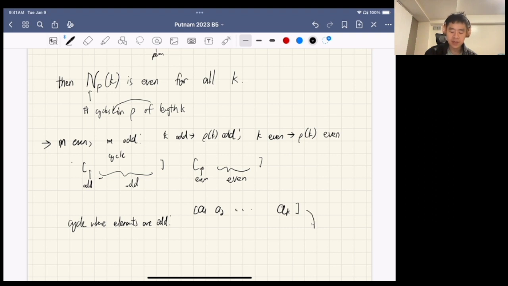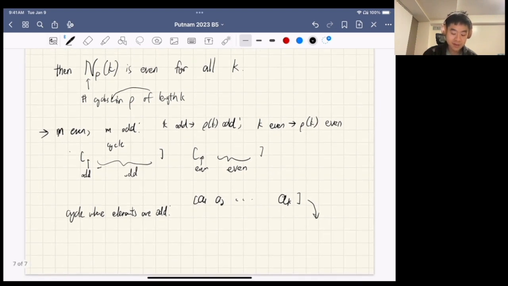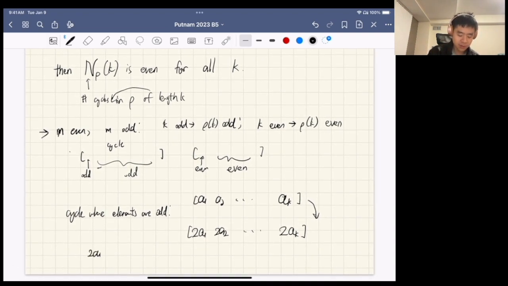Now how are we going to map them? Well, it is pretty natural to think that the other cycle is going to be 2 times A1, 2 times A2, all the way to 2 times AK. But is this actually rigorous? Well, we will have to show that. Now, it turns out that 2A1, 2A2, all the way to 2AK are all different.